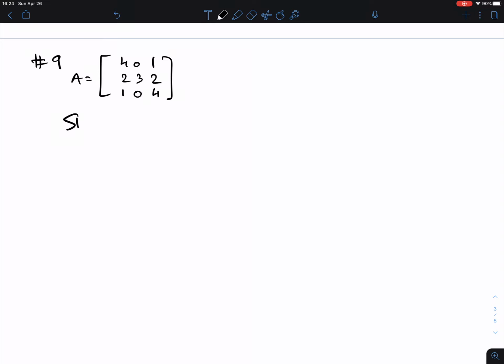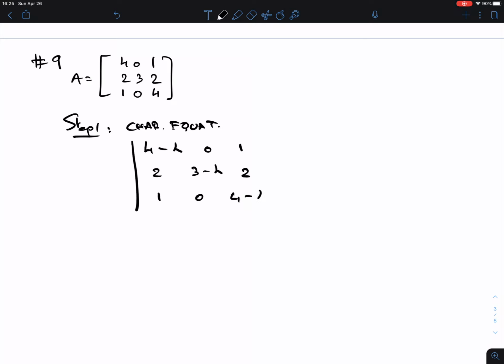Step 1. We have to find the characteristic equation. We need the eigenvalues first, so that would be 4 minus lambda, 0, 1, 2, 3 minus lambda, 2, 1, 0, 4 minus lambda. I've said that you could do row operations again.